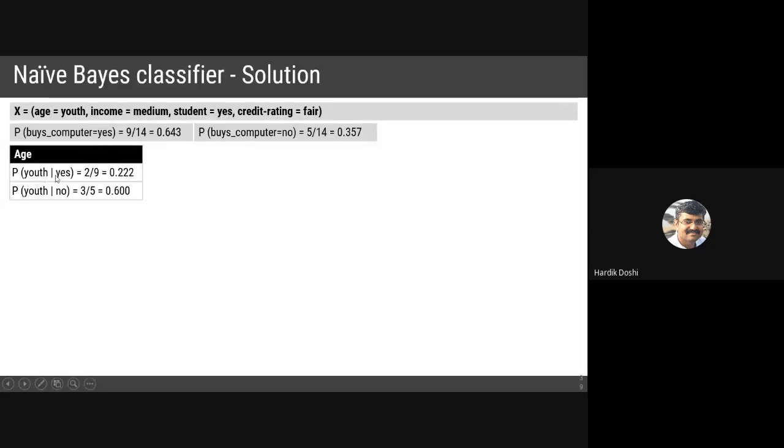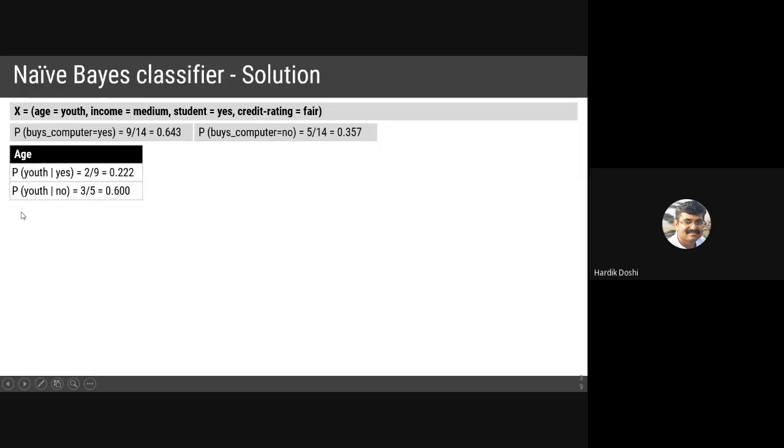So youth for yes is 2, youth for no is 3. But why 9 and why 5? Because out of all the records, for yes we have 9, so 2 by 9. And for no we have only 5 records, of which 3 are for youth. So the probability is 0.222 for yes and 0.6 for no.